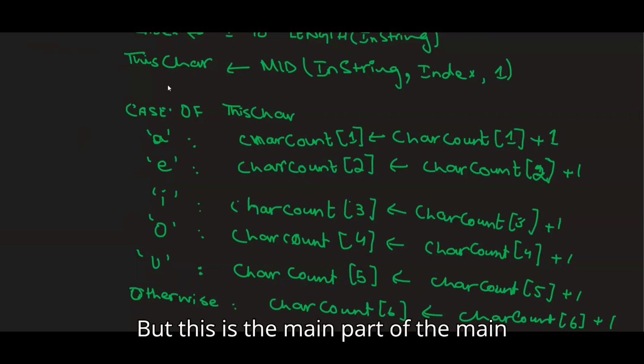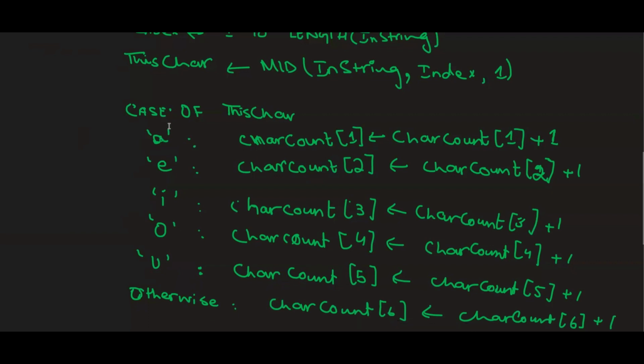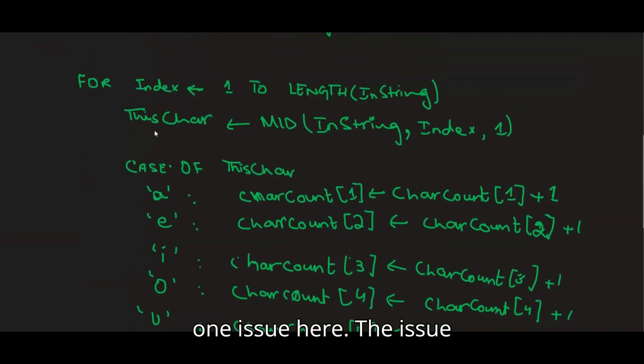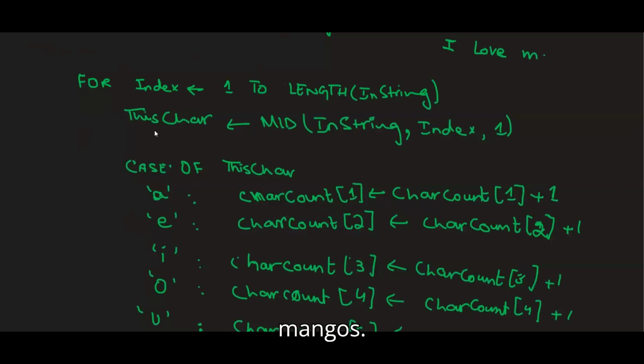So this is the main part of the main logic of the code. But there is one issue here. The issue is whether the string that was passed, for example, if the user passes "I love mangoes," right?